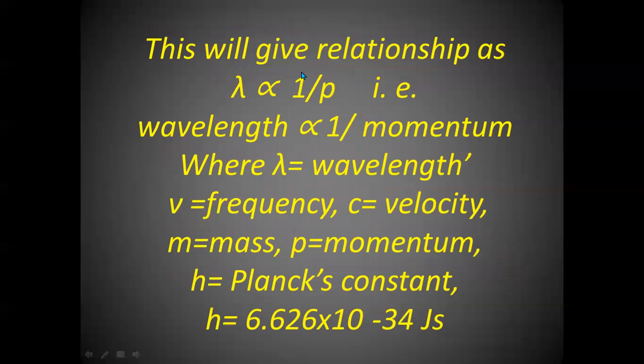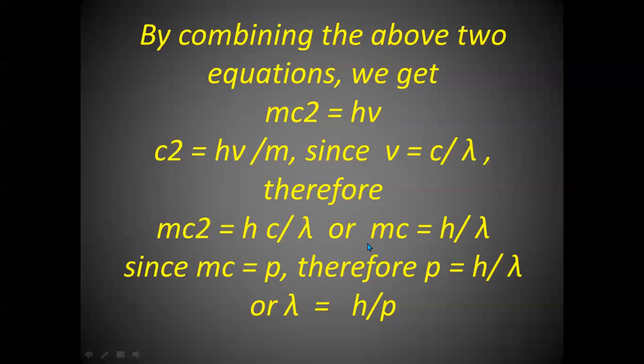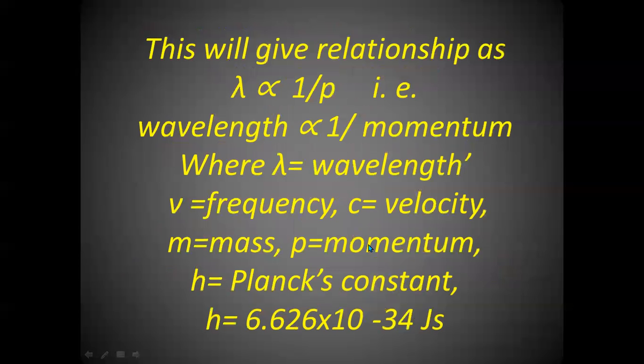So this is the final relationship between wavelength and momentum. Lambda is proportional to 1 by p. Why? Because h is constant. Therefore, we can convert lambda equal to h by p to lambda proportional to 1 by p. This means the wavelength and the momentum are inversely proportional to each other.